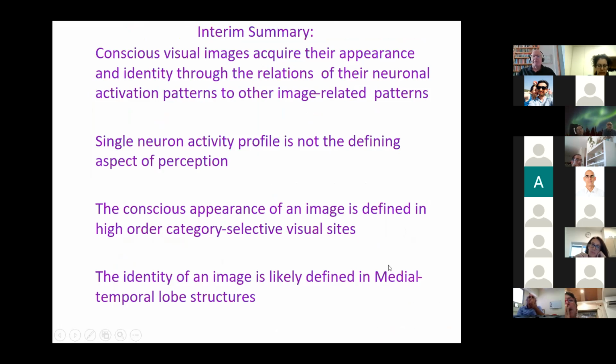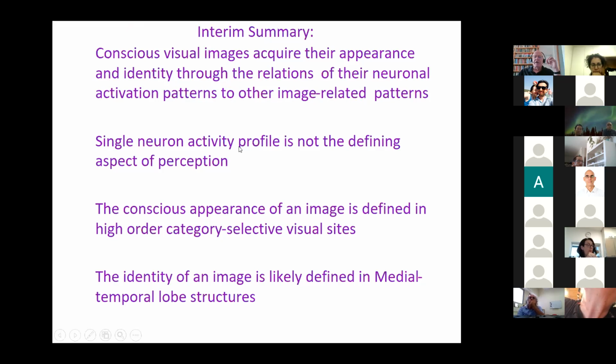So the interim summary that I would like to suggest here is that conscious visual images acquire their appearance and identity through the relations of the neuronal activation patterns to other image-related patterns. So what really matters is not the unique pattern of activation of each image, but the network of relations by which each image is both determining and being determined by the distances to other images in the same space.